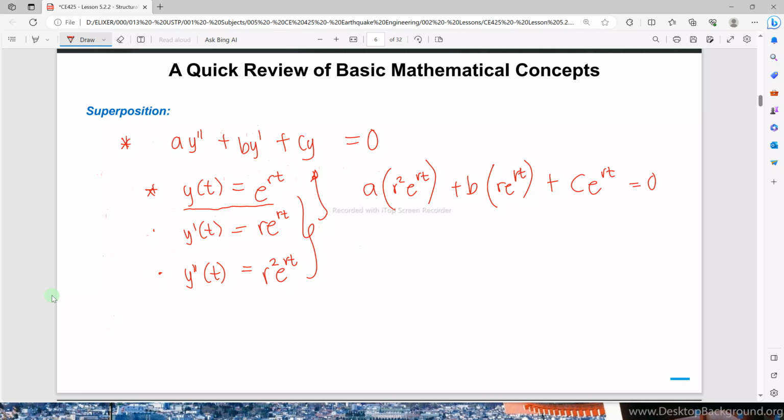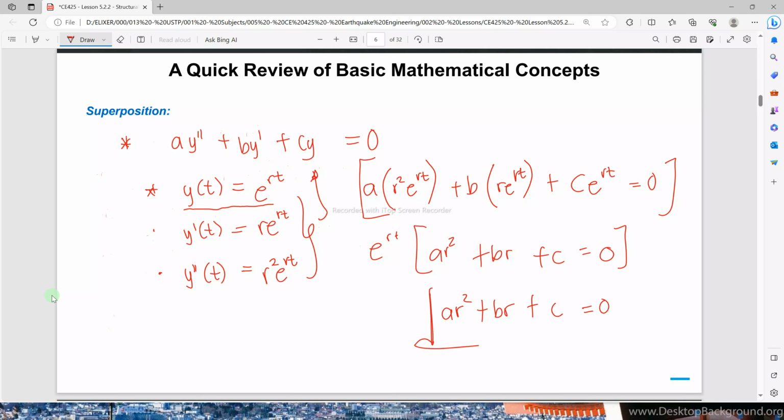If you notice, we have a common factor, e to the rt, so we can factor that out. Then we will have e to the rt times ar squared plus br plus c is equal to 0. Eventually, we will have ar squared plus br plus c is equal to 0. This becomes our auxiliary equation for this differential equation.